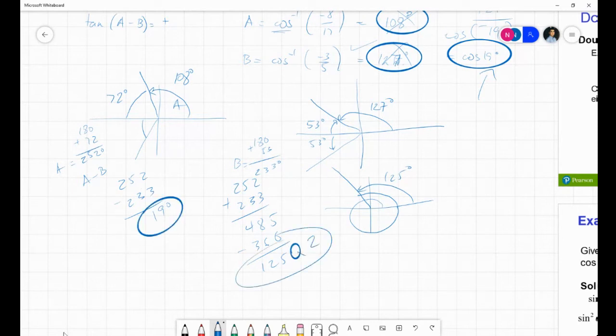So A minus B is 19 degrees, and A plus B is 125 degrees, or 485. They're coterminal.